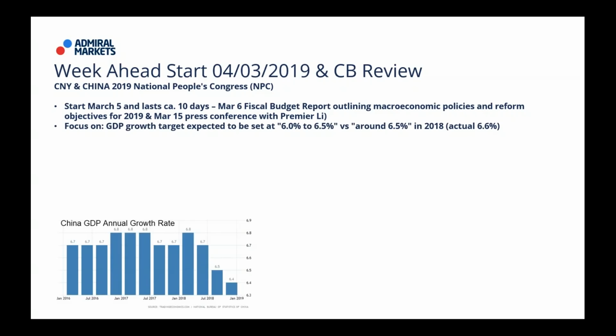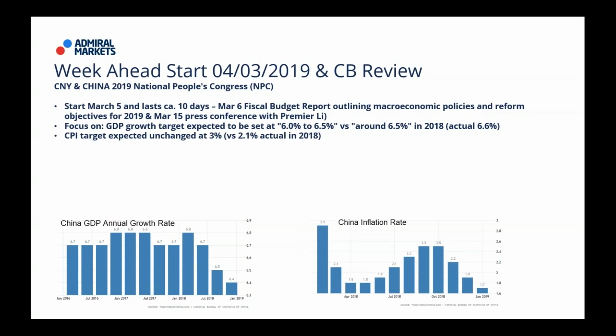Good. Focus will obviously be on their growth target for GDP. It's centrally planned. It's not like the rest of the world. The expectation is that they're going to set it around 6 to 6.5%, versus in 2018 they said around 6.5%, and supposedly it came in at 6.6. I'm being sarcastic because nobody knows what the truth is or isn't.